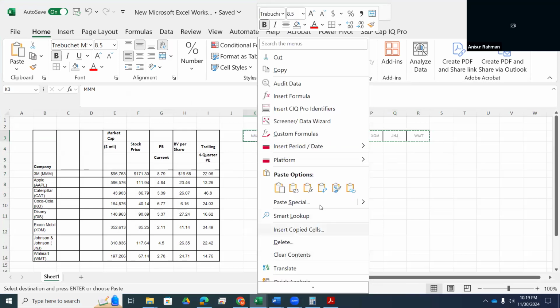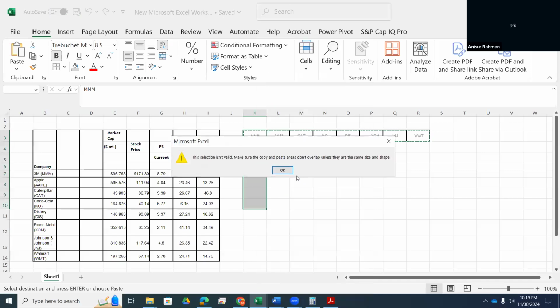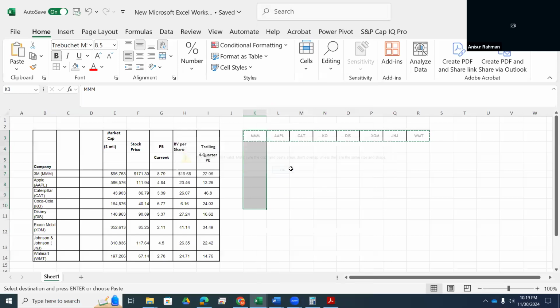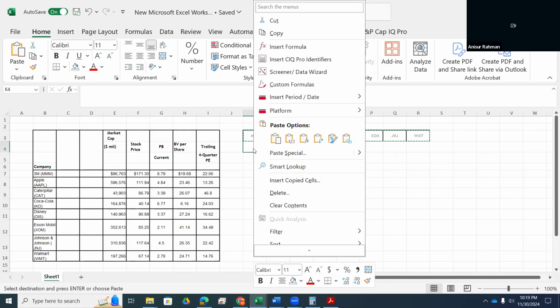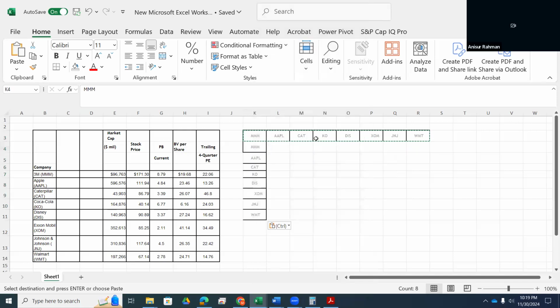You'll see this symbol or icon. Click on it, so that will transpose it. So it did not, so maybe I need to select this cell, not this cell. So now right click, this, okay? And then I'll delete, highlight this and delete. I have one more thing to delete here.